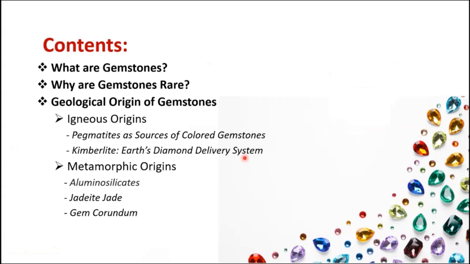After that, the geological origin of gemstones, because nowadays people produce synthetic gems at laboratory scale by producing artificial conditions. But here, I mainly focus on the natural formation of gemstones. There are different mechanisms through which gemstones can form naturally, but due to the limited time constraint, I mainly focus on some examples related to igneous and metamorphic origins.